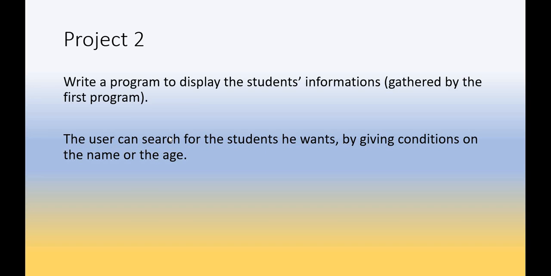For the second, just write a program to display the students' information gathered by the first program. The user can search for the student he wants by giving conditions on the name or the age. So this is like a structured database that can help you access the information by searching and putting some conditions and plotting the values.